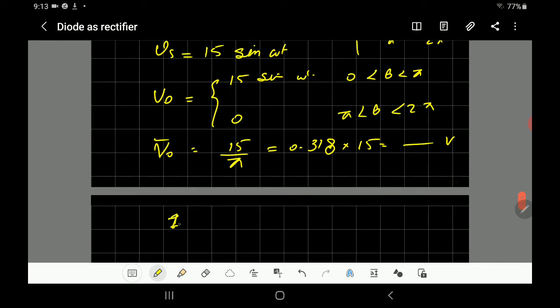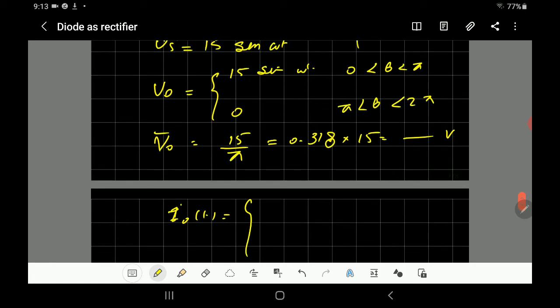When you first find the current as a function of time, it will be the same as the voltage output here, but divided by 2 kilo ohm. So if you divide 15 by 2, it will be equal to 7.5 milliamperes sine omega t, and this is only from theta 0 to theta pi. But from theta pi to 2 pi, the current is equal to 0.